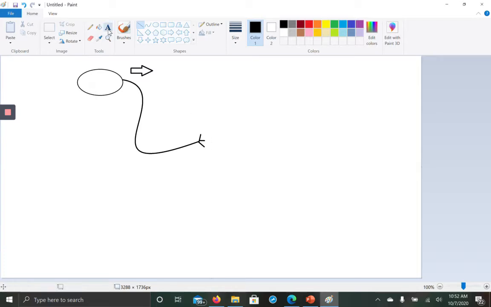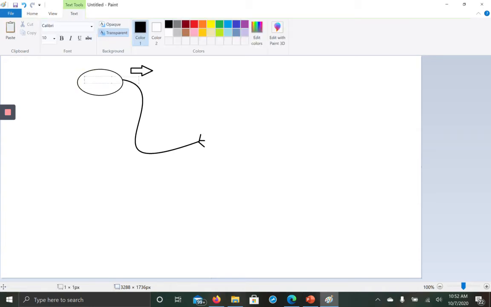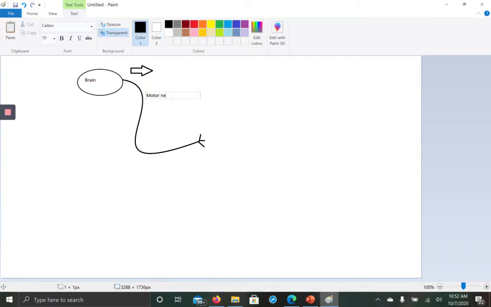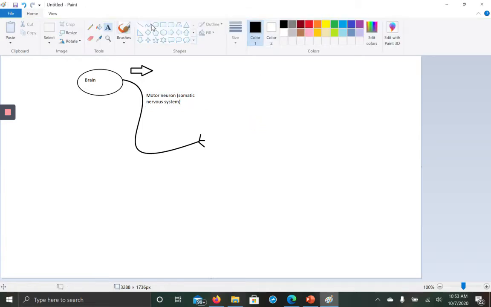Alright, so again, we have the brain. The brain has a motor neuron, which is of the somatic nervous system, going to a skeletal muscle fiber. So let's draw our skeletal muscle fiber.